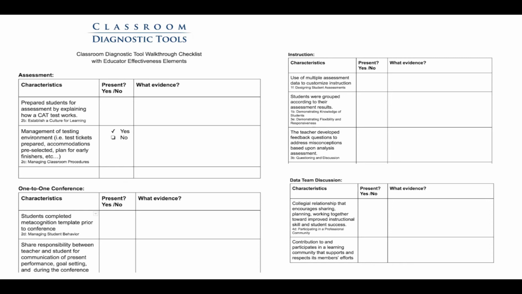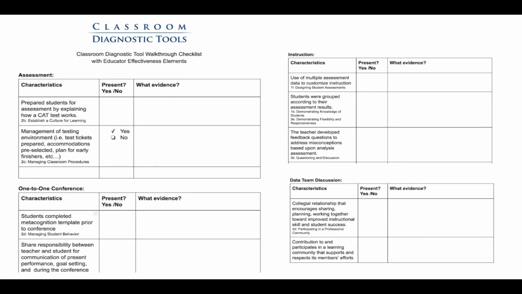So here's an example of a classroom diagnostic tool walkthrough checklist with some of those overlays. For example, under the top left-hand column, prepared students for assessment by explaining how the computer adaptive test works. That ties to element 2B, establish a culture for learning.